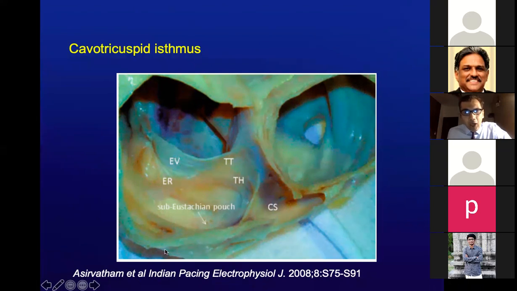Anteriorly, you have the tricuspid valve annulus. Posteriorly, you have the IVC with or without a valve. And the area between these two is the cavo-tricuspid isthmus. This structure should not be imagined as a flat structure.